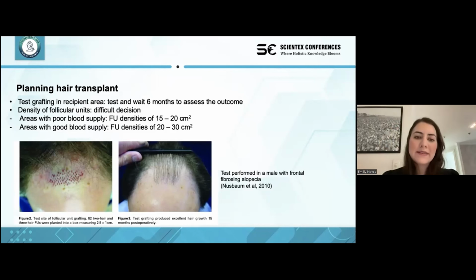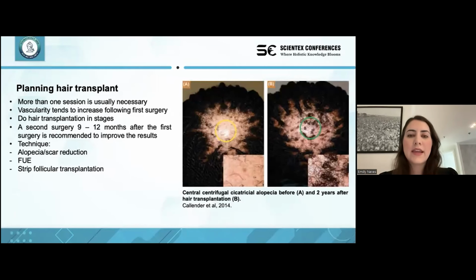When we think about density of follicular units, it is also a difficult decision, but we know that the chosen density must be lower when compared to androgenetic alopecia, because we have areas with poor blood supply. So in these areas, we must use lower follicular unit densities, and in areas with good blood supply, we can use slightly higher densities.